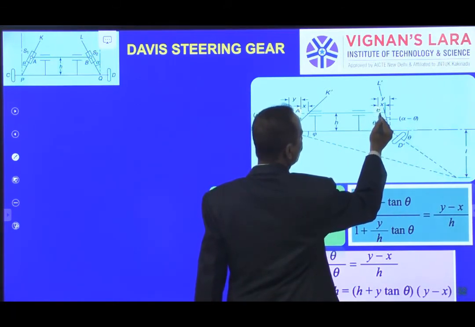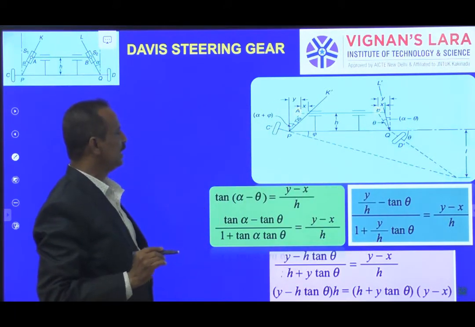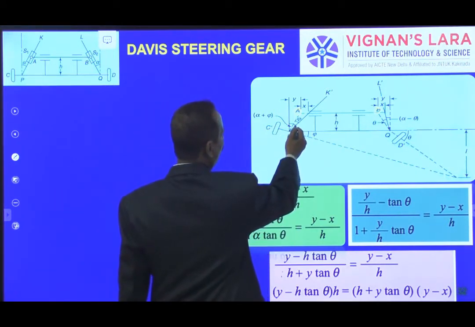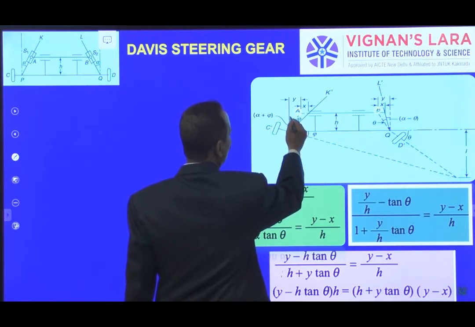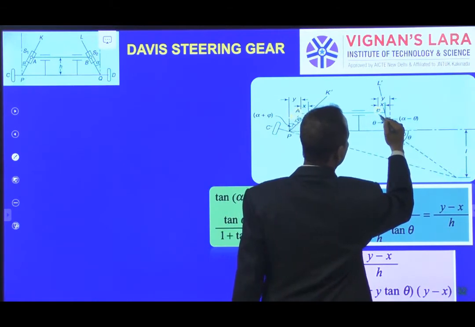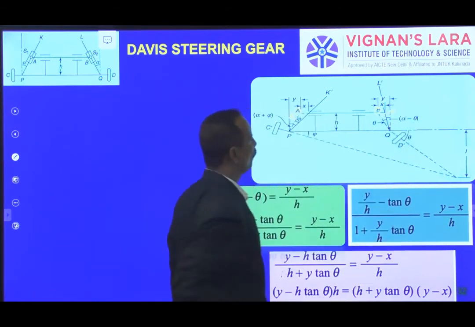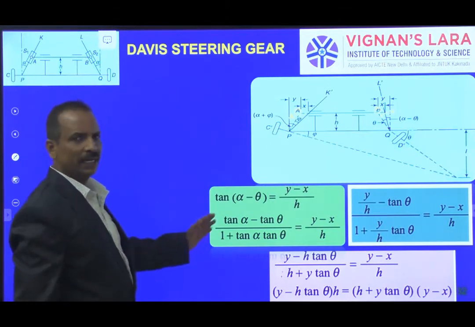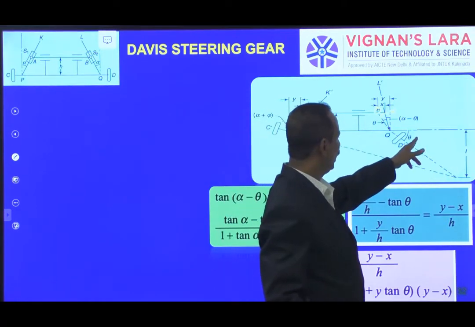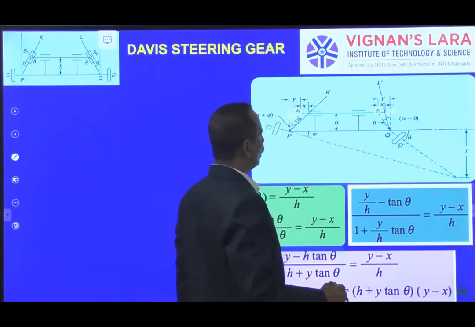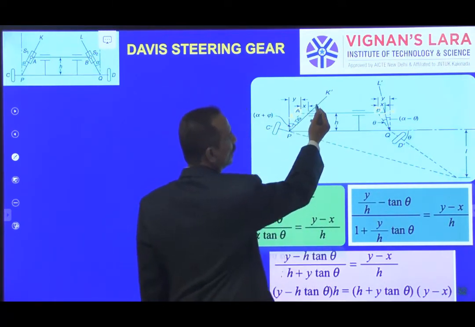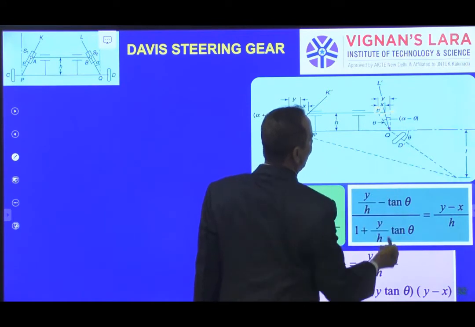Here A and B are the initial positions of the linkage when it is straight. At that moment the angle made is alpha, and this is also alpha. When it takes a turn, the outer wheel makes an angle phi and the inner wheel makes an angle theta. Then when the slider slides, the new positions are K dash and L dash.